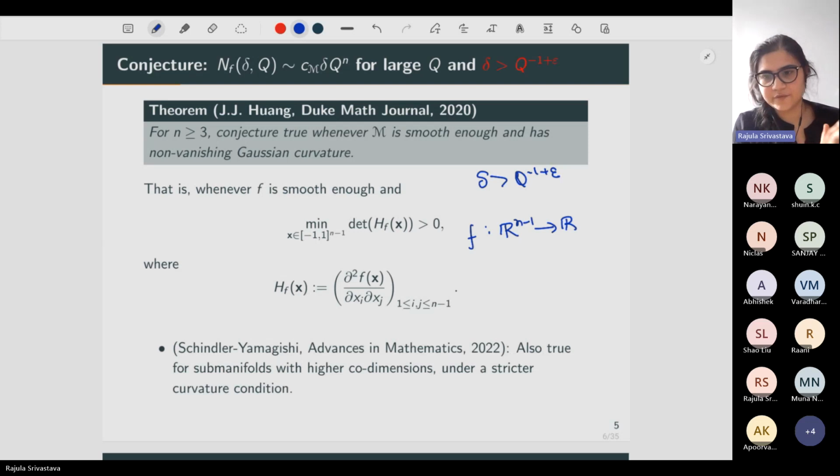That's what this would mean in terms of non-vanishing Gaussian curvature. So if this is true, then Huang says that yes, you do know what your rational point count looks like, and it is delta times q to the power n in this way.